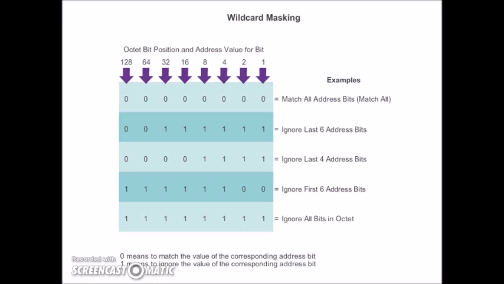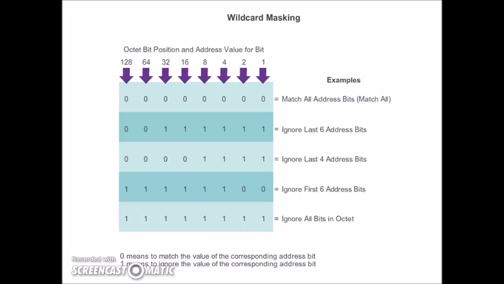IPv4 access control entries include the use of a wildcard mask. A wildcard mask is a string of 32 binary digits used by the router to determine which bits of the address to examine for a match.